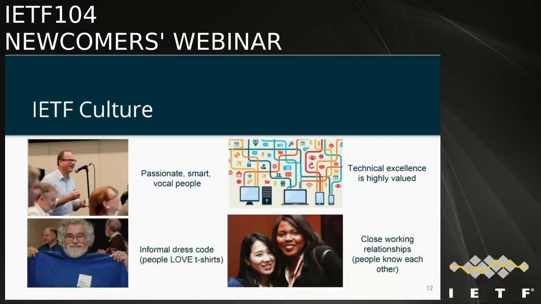Okay, so let's talk a little bit about the culture at the IETF. As I mentioned in the earlier slides, IETF culture is fairly unique in various aspects. As it's a voluntary, individual participation based organization, people tend to be very passionate, smart, and vocal about everything.